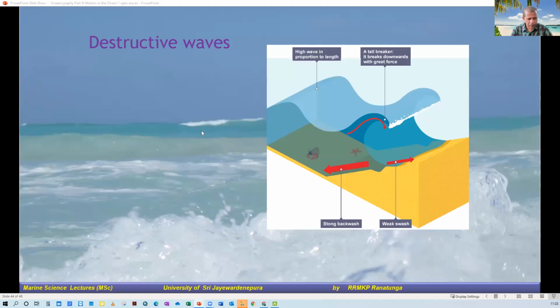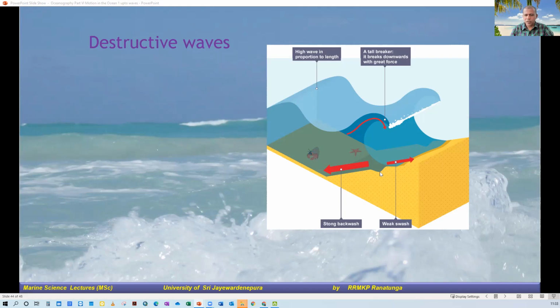Right. So again, there can be some waves which can be destructive waves as well as some can be constructive waves. It all depends on the swash as well as the backwash.